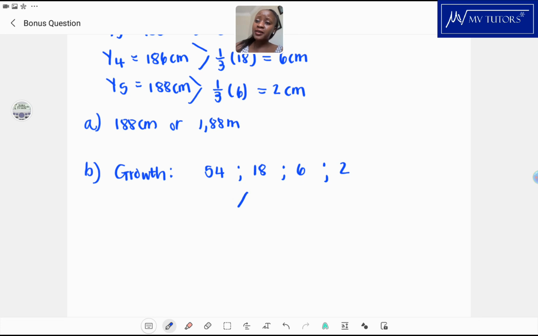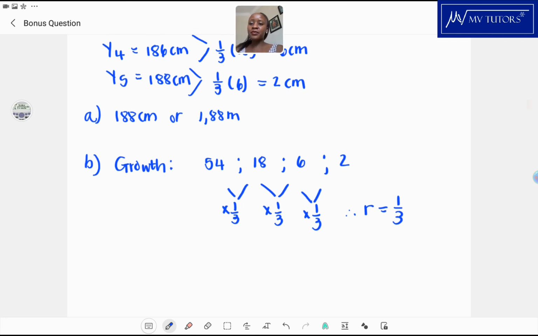The same thing here, multiply by a third, and the same thing here, multiply by a third. Therefore, we can see that r is 1/3. Guys, I hope you realize that we have a converging series, or sequence.